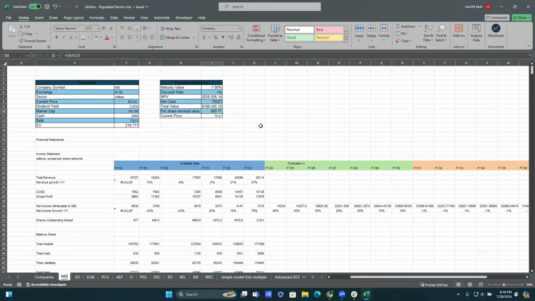For this company, my forecast is showing that the company should be trading at $92.77 right now, not $70.81, what it is trading at right now. So my projection on the utilities sector and the company NextEra Energy is that the shares will be trading at $92.77.